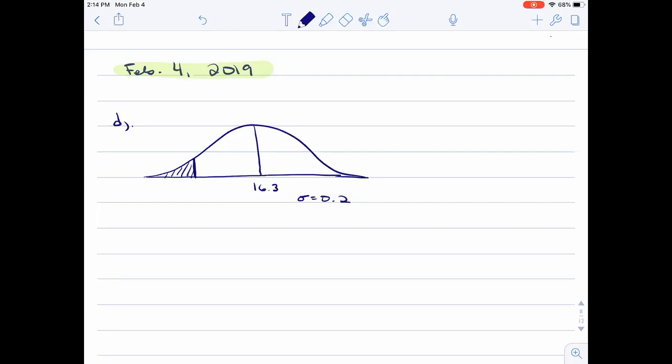Last day I sketched out this pendulum, as I call it, where before we were starting with some observation. We converted it to a z-score and then used that z-score to find the probability. We went from x to z, where z is x minus mu over sigma.